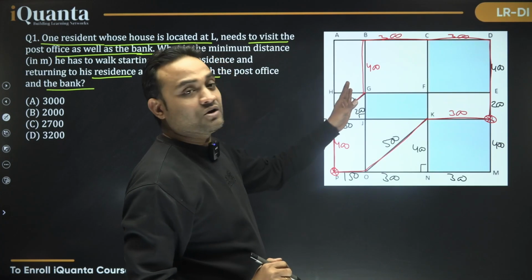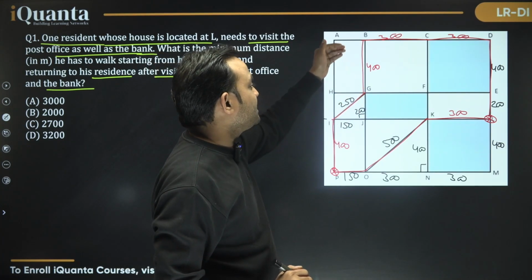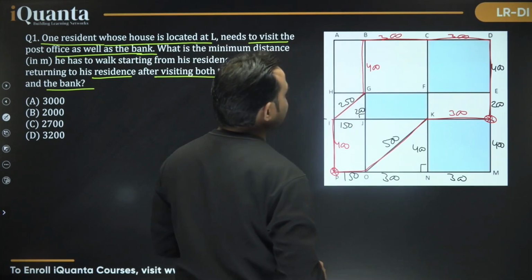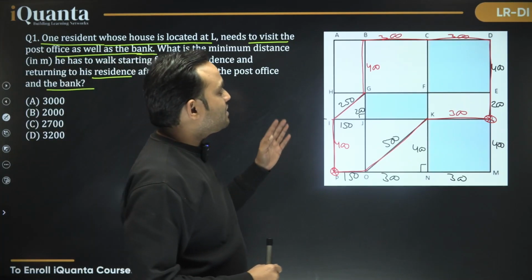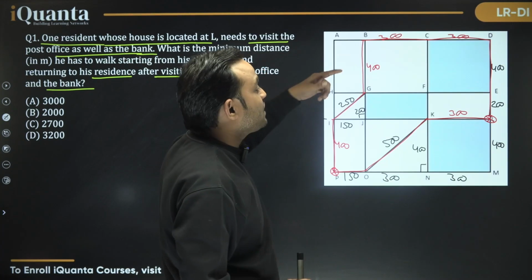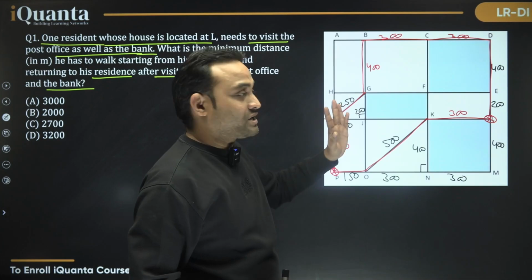So a total of 3200 plus 300, a total of 3500, right? Or I guess we have added this 300 and 300, so we don't need to add it again. So this will be a total of 3200, right?